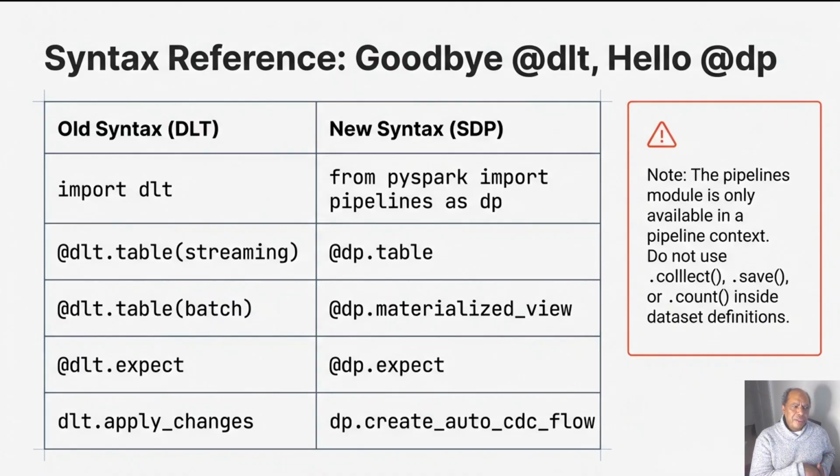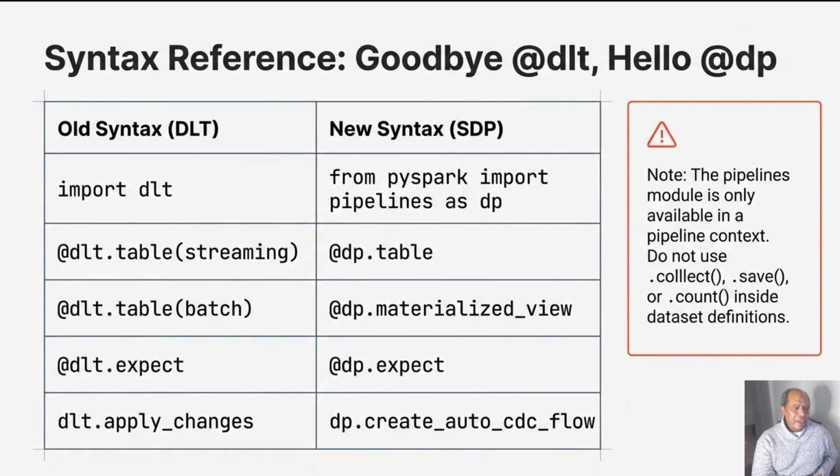So the table here, as you can see, is very helpful to see what the old DLT syntax and the new SDP syntax look like, the PySpark versus the DLT one. As you can see, the import is different. As I said, this is the key part. It could be taken from Spark.